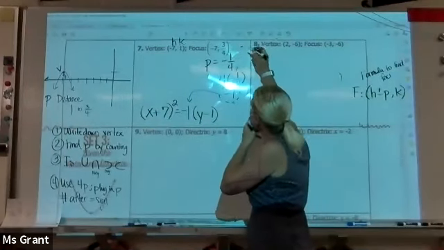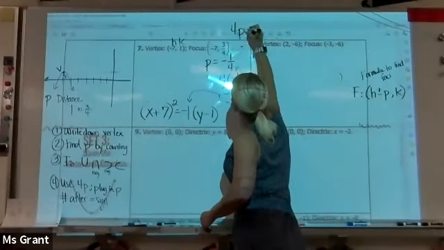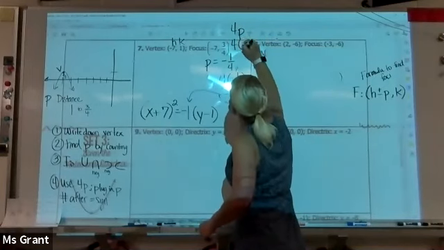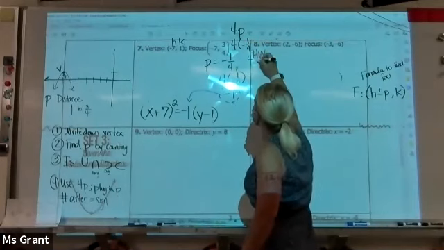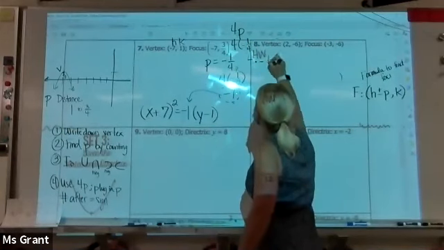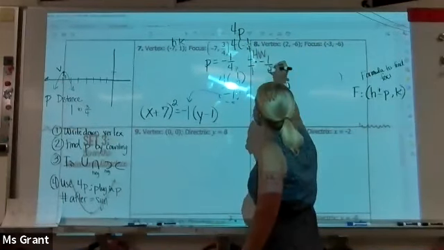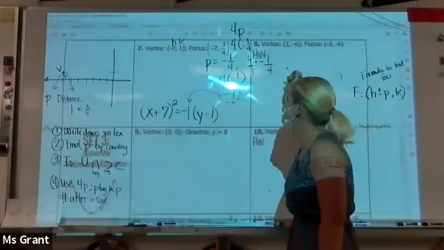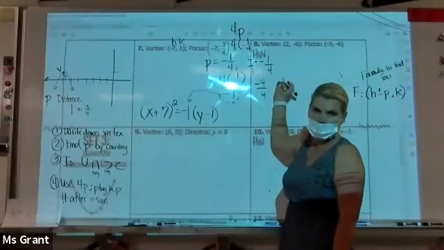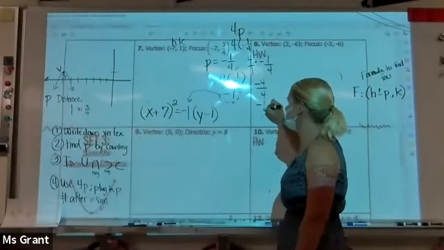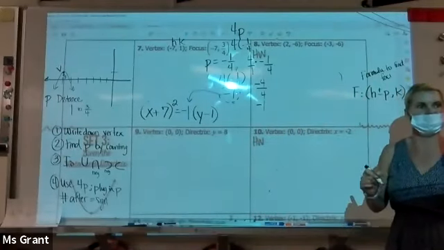Okay, 4P, but I know P, so it's 4 times minus 1/4. Well, if you want to do that math, it's like 4 times minus 1/4, 4 over 1, just like multiplying fractions. Okay, minus 4 over 4, reduce that, simplifies to minus 1. That's how I got the minus 1. Okay, yeah, thank you. You're welcome.